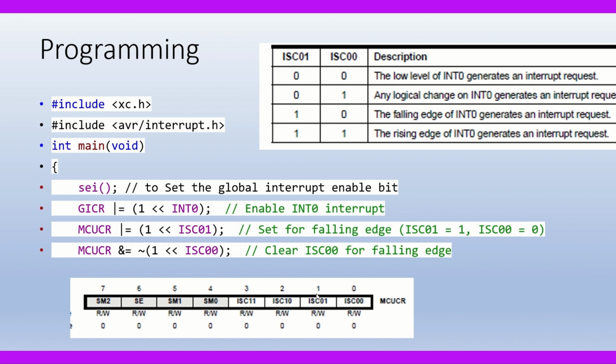So we have to clear bit number 0 and we have to set bit number 1. The syntax MCUCR |= 1 << ISC01 will set bit number 1, and the syntax MCUCR &= ~(1 << ISC00) will clear bit number 0.